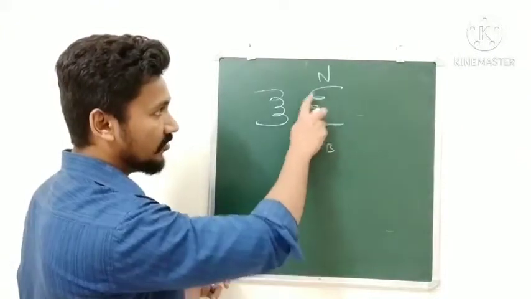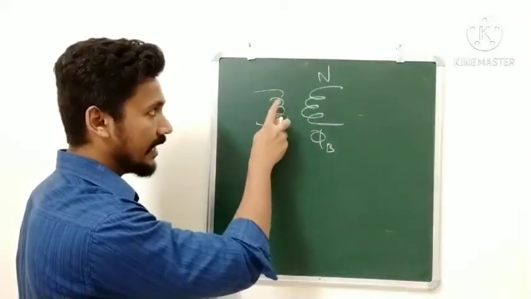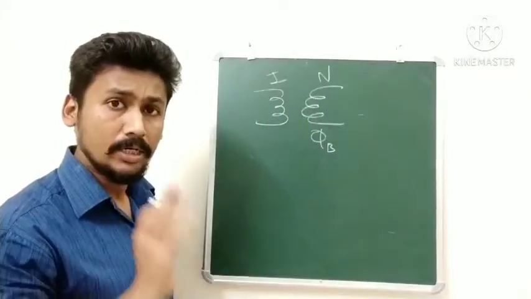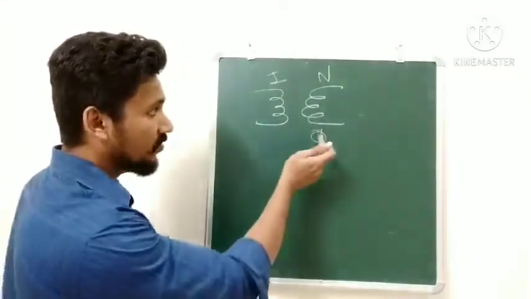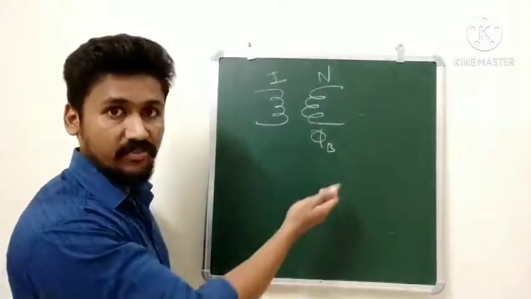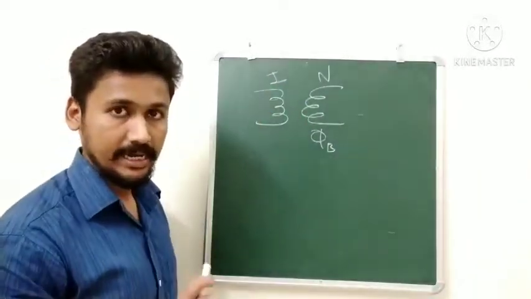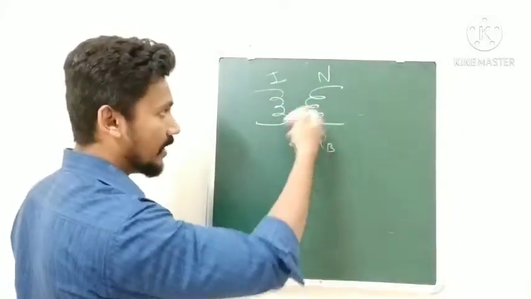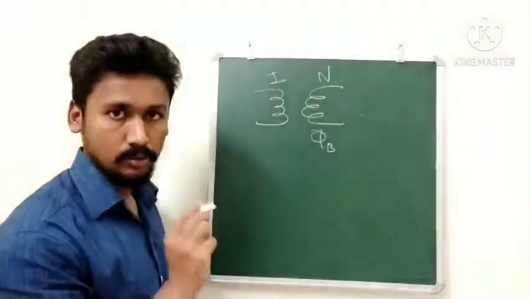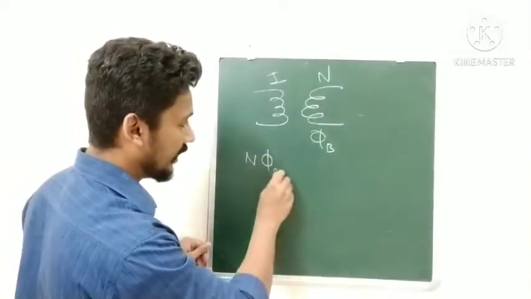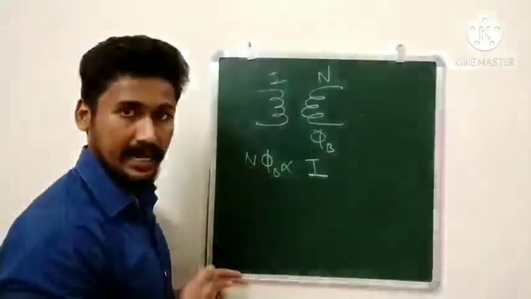Because of changes in the flux around this coil, there is a current I flowing through the other coil. So we can say that the change in flux taking place is directly proportional to the electric current. Depending on the change in flux, the current is going to change. So this we write as N phi B is directly proportional to I.